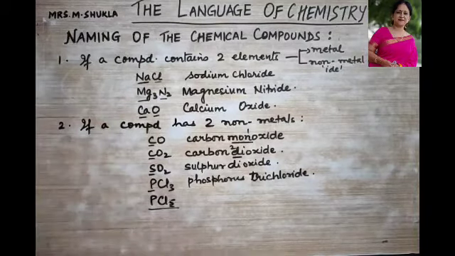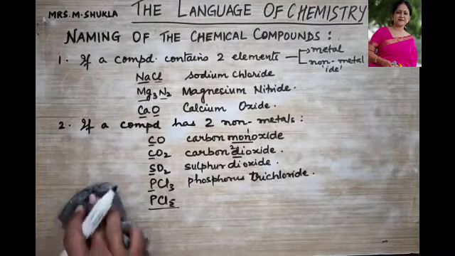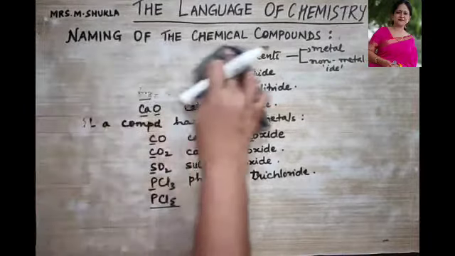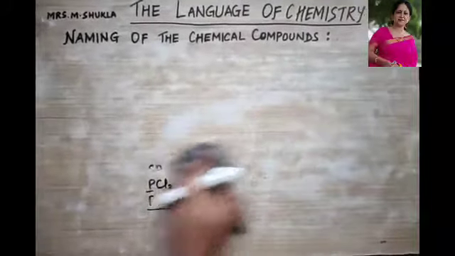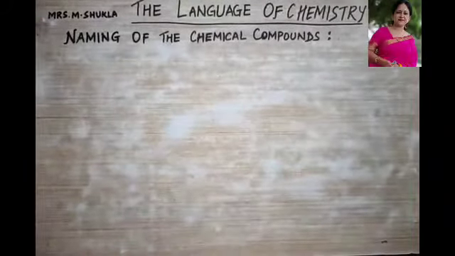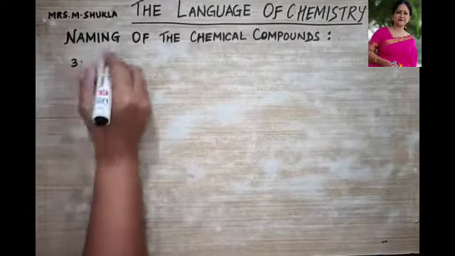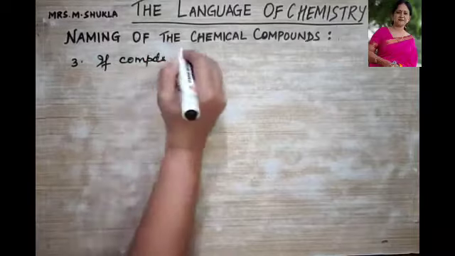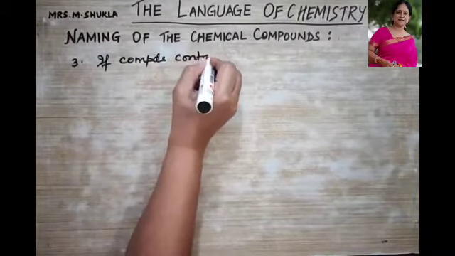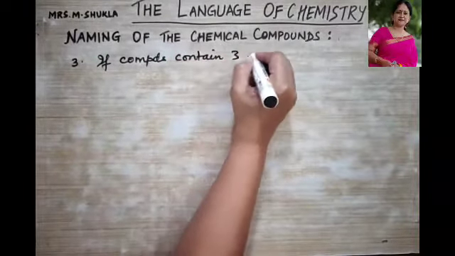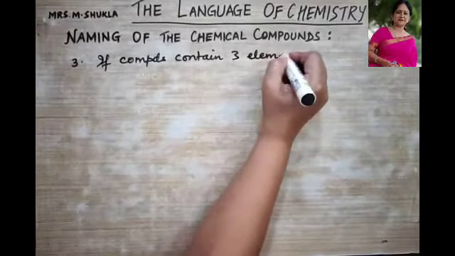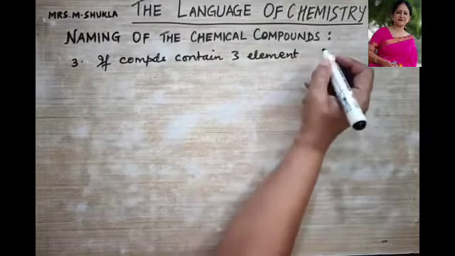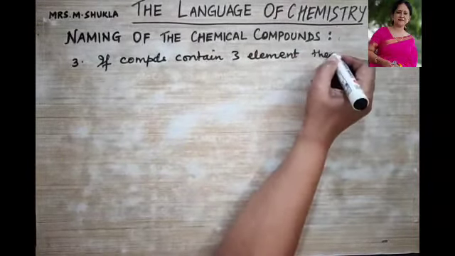These two are clear. We next move to the third kind. What is the third type? The third type is if compounds contain three elements. If the compound contains 3 elements, then what?